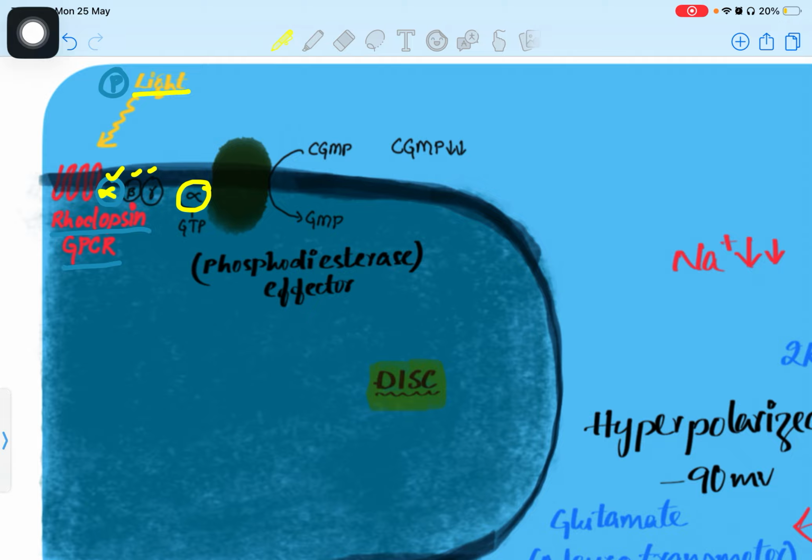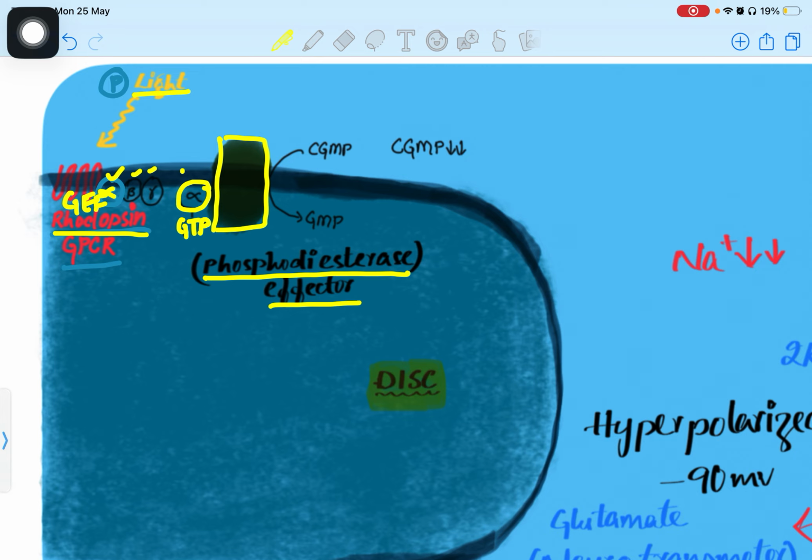After the light falls, the alpha subunit gets attached to GTP with the help of GEF activity happening beside the rhodopsin. After it attaches to GTP, the alpha subunit moves towards the phosphodiesterase effector.